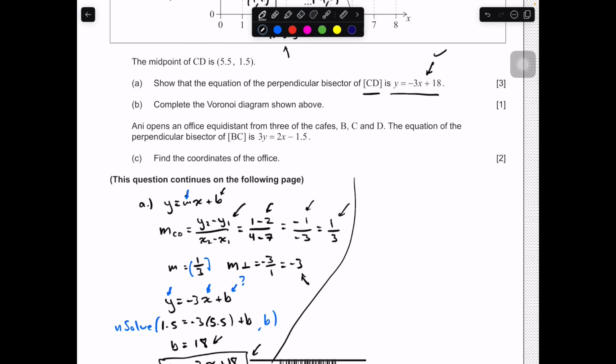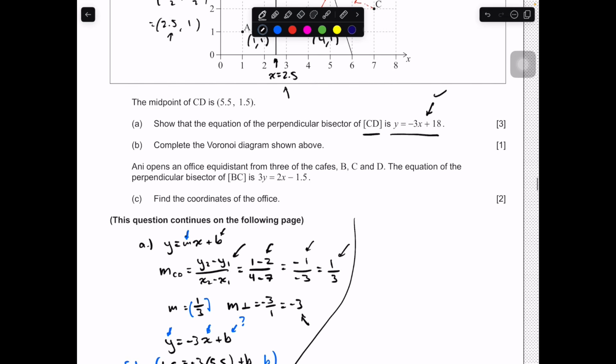So we have one boundary line, the boundary line of CD. We can represent this as f of x, or to simplify things, we can call it our equation 1. So we have y1, and that's equal to y equals negative 3x plus 18. And then we have this other equation, and we could have called it f of x and g of x if we wanted to.